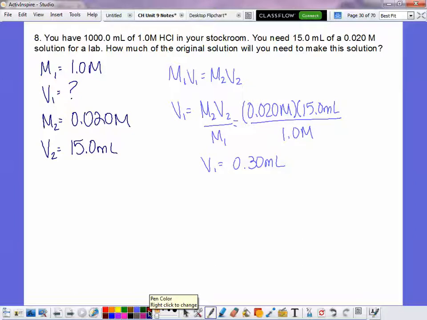But for the sake of learning this, I would then put this in what size volumetric flask? In a 15 milliliter volumetric flask.